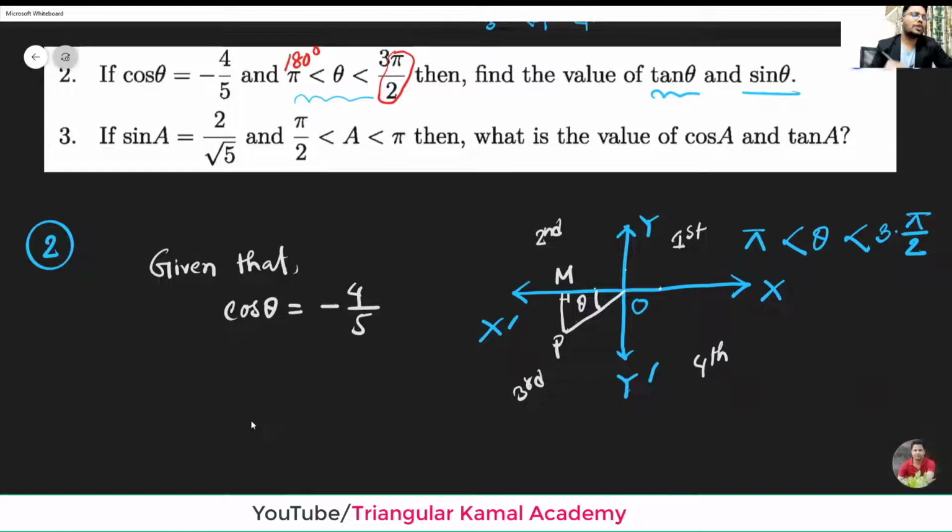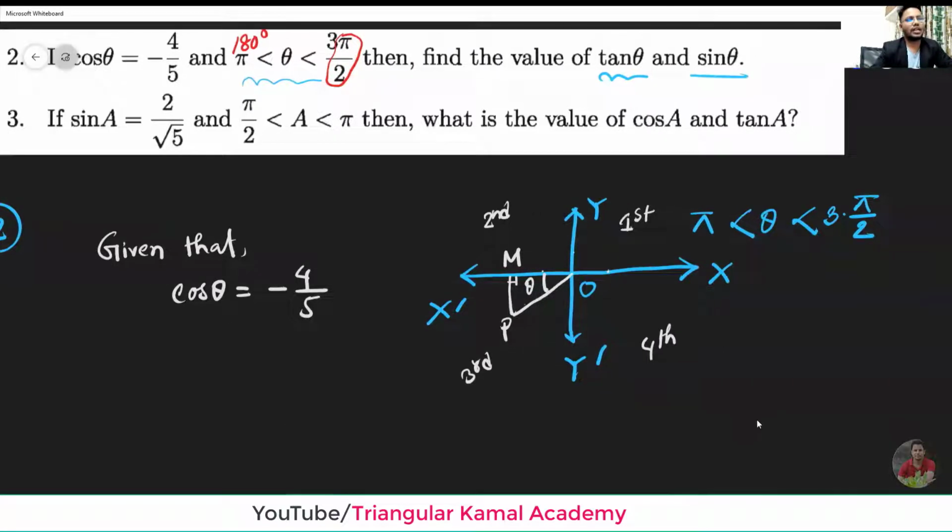First of all, we have to identify whether the minus is for 4 or 5, or both. Here we know cos theta is equal to adjacent by hypotenuse.